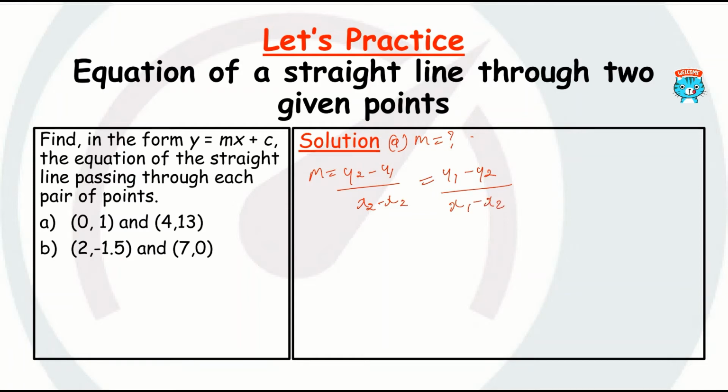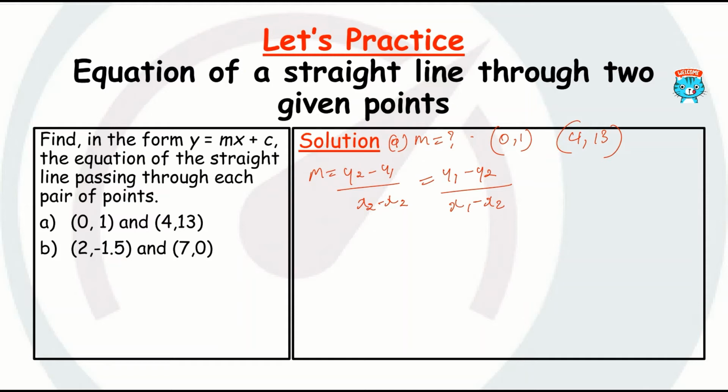And if you wanted to go more advanced and sophisticated, it equals tan of the angle, but that's for a later video. Anyway, we have our 2 points: 0, 1 and 4, 13.